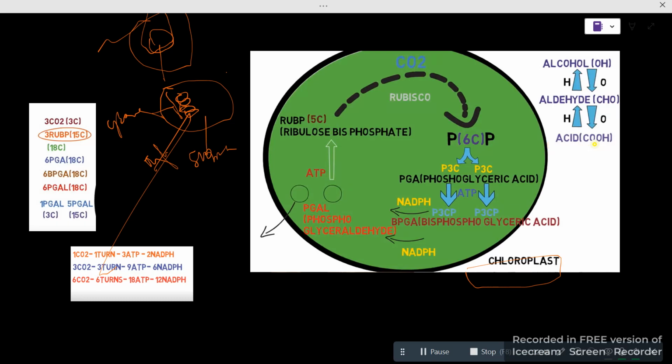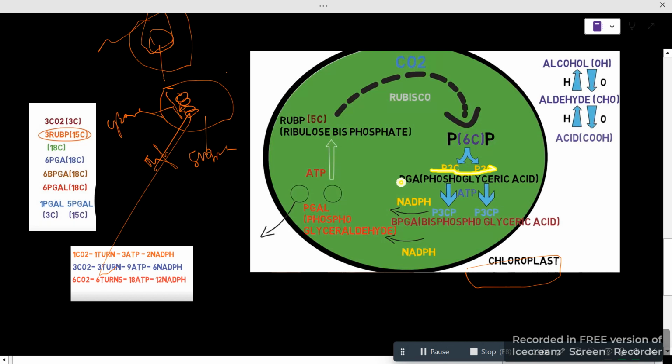Okay, then you will find PGA, which is phosphoglyceric acid. You will find 3-phosphoglyceric acid here. Then ATP would be used. So here you have 3 carbon.